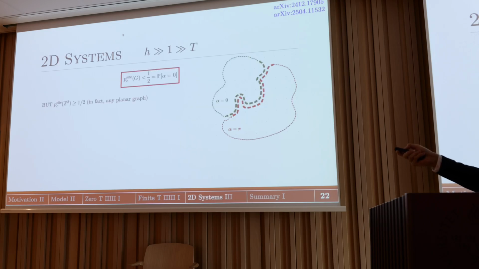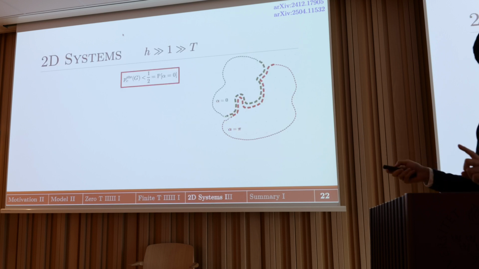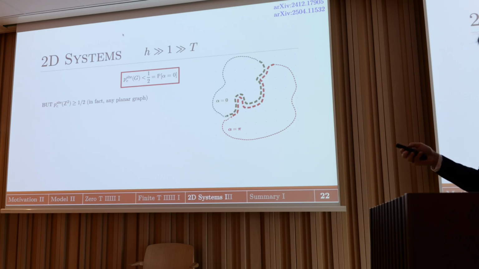Okay, so yes, there was the BKT problem, but there's also a second problem. The second problem is that I needed the critical percolation threshold of my underlying graph to be less than 1/2. Now, however, on Z2, that's not true. You have the converse. In fact, on any planar graph, this is not true. So my argument kind of breaks down. So does that mean in 2 dimensions we have nothing?